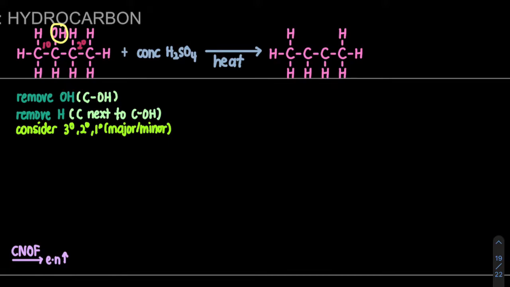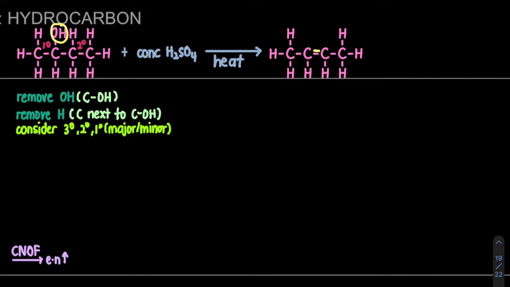When we remove these 2 atoms, we form our double bond between the carbon that has lost the hydrogen and the carbon that lost the OH. So this is the first possibility. Since this is where we remove the secondary hydrogen, this will be our major product.